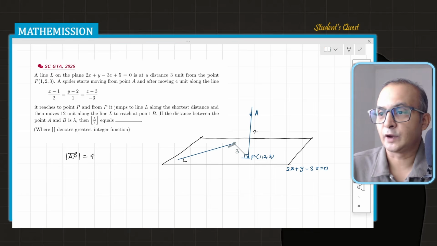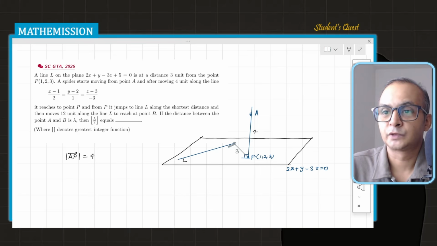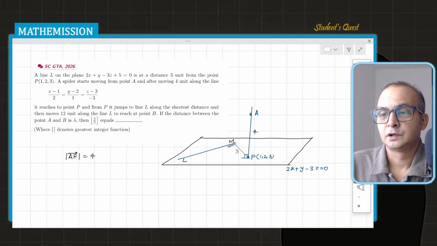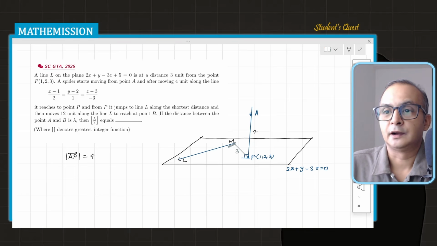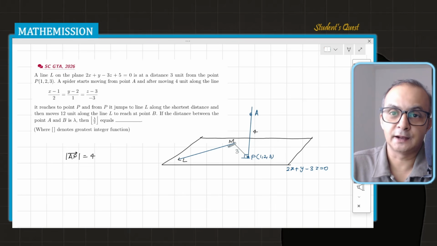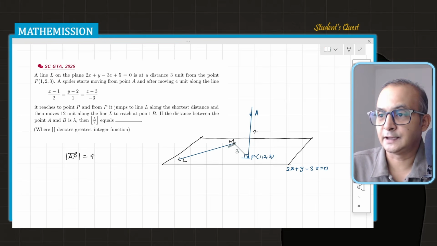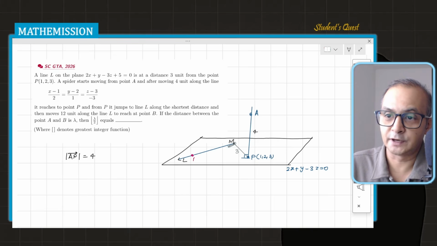Let's say this point is M. Now it jumps to the line L along the shortest distance and then moves 12 units along the line L. So from M, again it starts moving 12 units along the line. I can take this point, let's say the point B, and now this distance is 12.